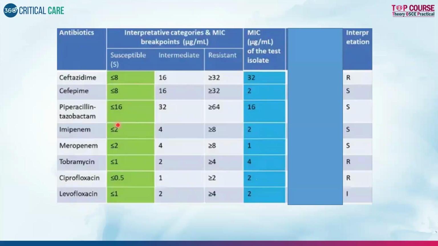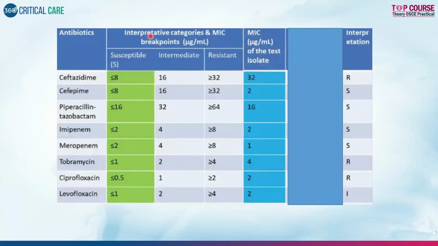So excellent. I think you have understood whatever I've tried to convey in the previous slides. Okay. So you need to compare this breakpoint to categorize that antibiotic as being susceptible or resistant. Okay. So for example, let us take ceftazidime in this example. Here the MIC from the isolate, that is from the patient in the ICU, was found to be 32.